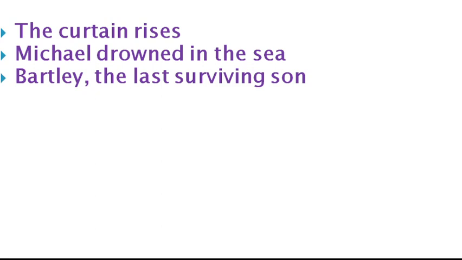Nora and Kathleen are convinced that Bartley should go to the fair at Galway to sell the animals, while Maurya is still hoping that the priest will not allow him to go in such dangerous tides.